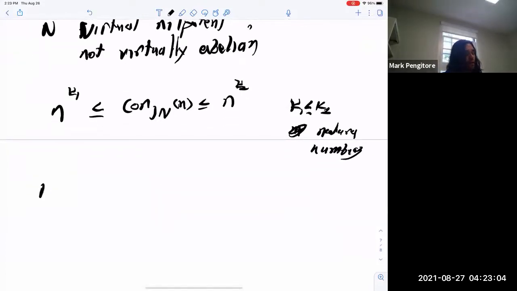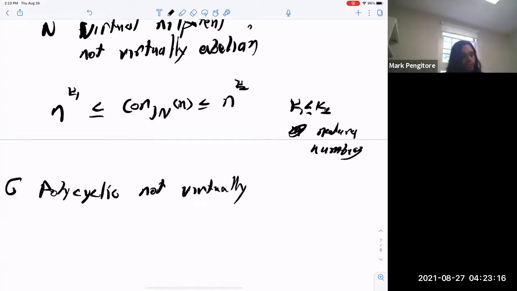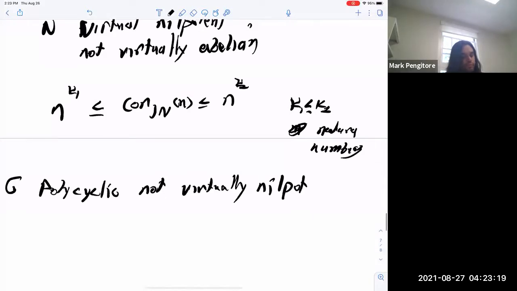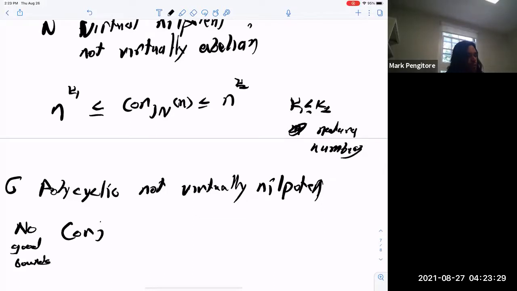Okay, well, polycyclic groups are actually unknown right now. So if G is polycyclic, not virtually nilpotent, there are no good bounds, but I'm willing to make the following conjecture.